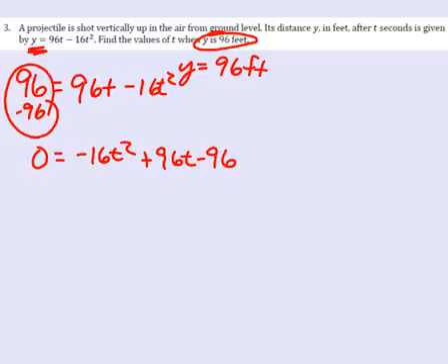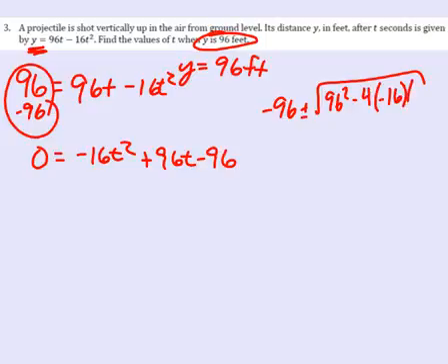It's good for us to practice with big numbers. So I would write negative 96 plus or minus the square root of 96 squared minus 4 times a, which is negative 16, times a negative 96, all divided by 2 times negative 16.